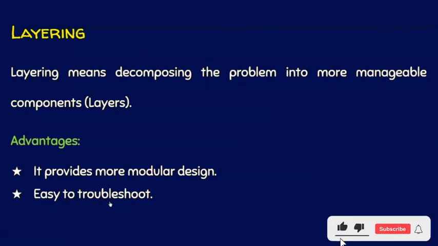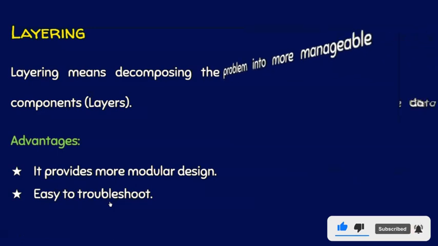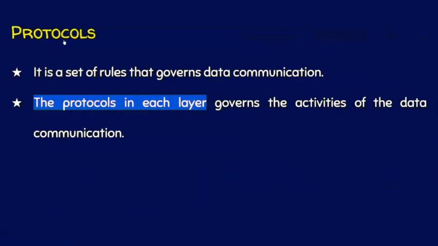So far we have seen what is layering. Now we will see what is the role of protocols in layering. We know very well that a protocol is a set of rules that governs data communication, and the protocols in each layer govern the activities of data communication. We have seen in the previous lectures that we are going to add IP address, MAC address and port address with data before sending the data.